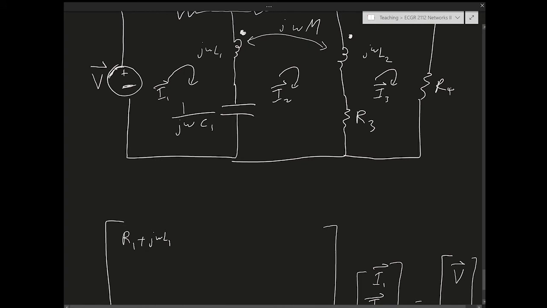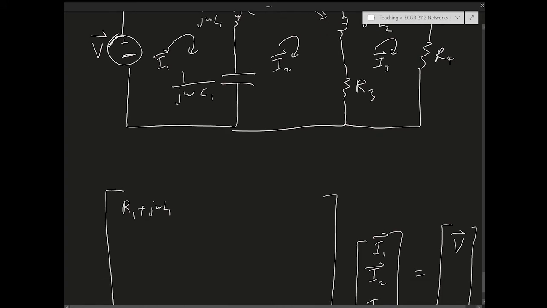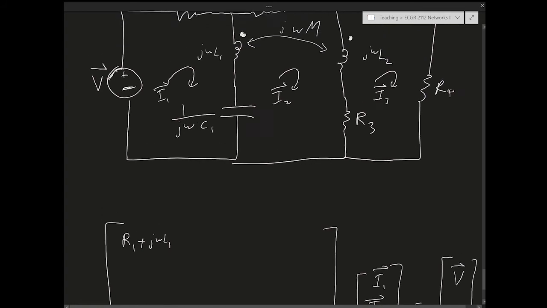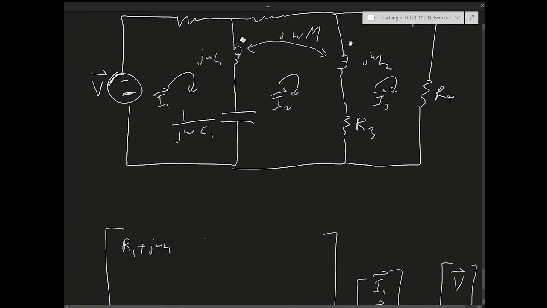Because the first element is the factor of I1. The second element is the factor of I2. And then I'm going to put in minus j omega L1 in the second element of the matrix. Right? And I'm done as far as the self-inductance is concerned.